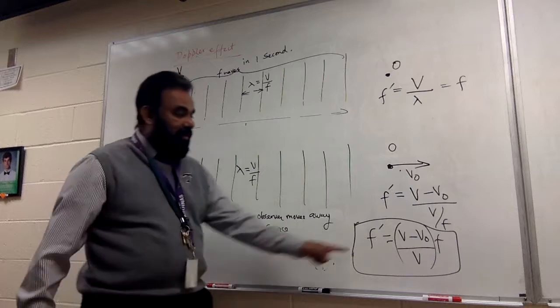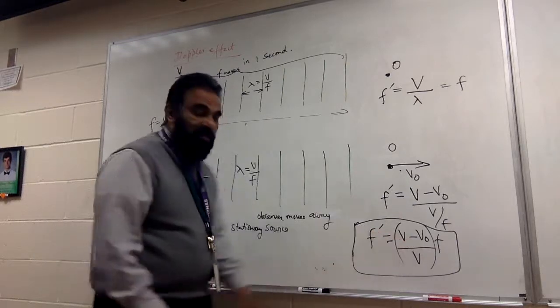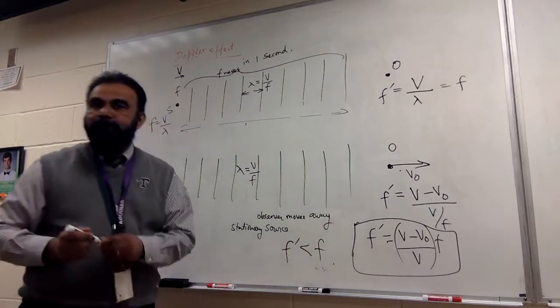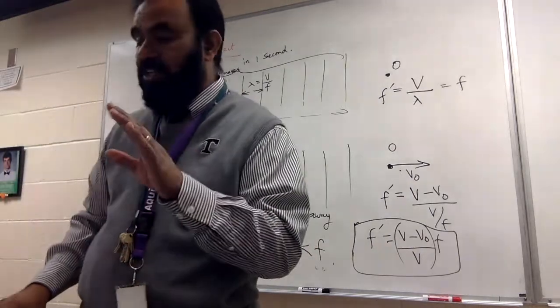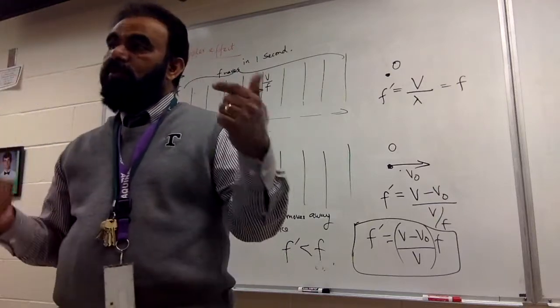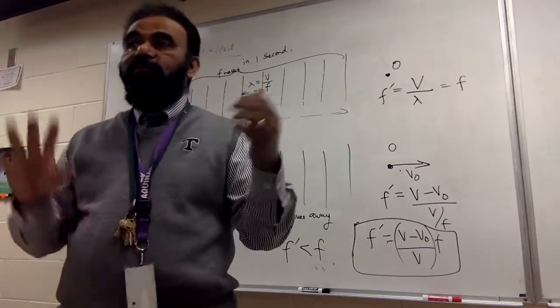So what's going to happen? Because the numerator has gone down, the frequency F prime is going to be smaller than F. You get it? So we saw four conditions: source moving towards, source moving away, observer moving towards, observer moving away. We saw four of them.